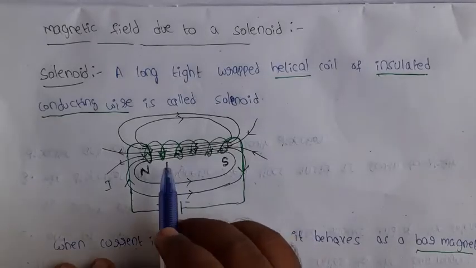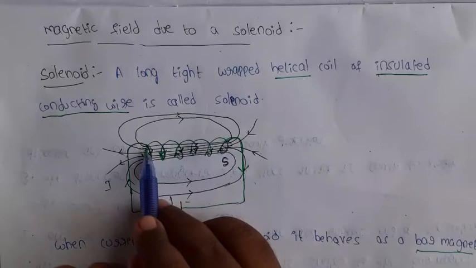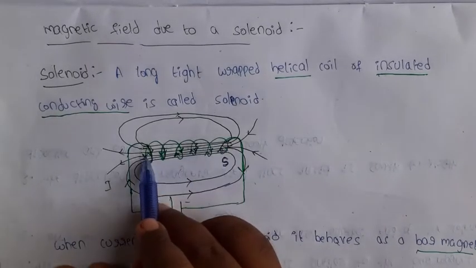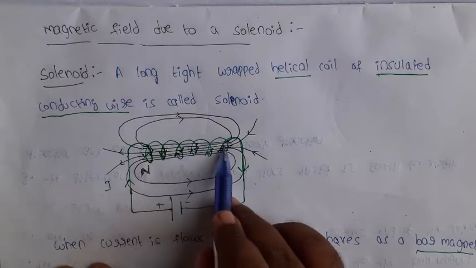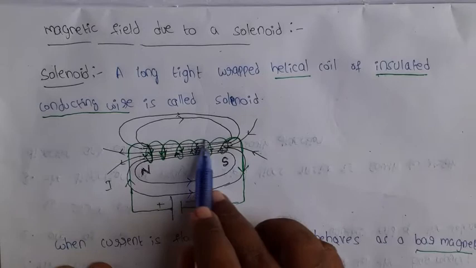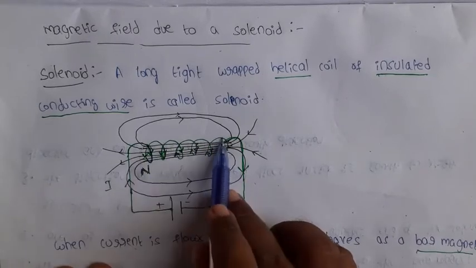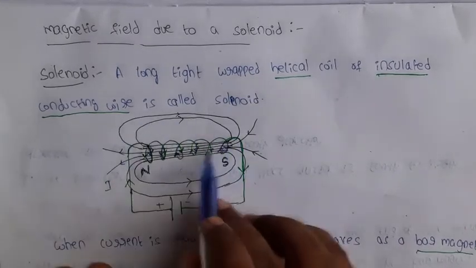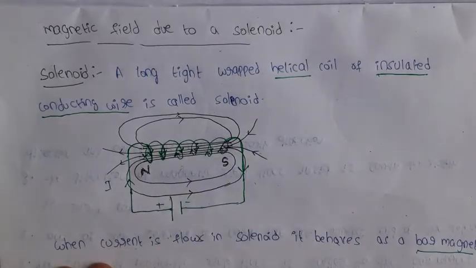Observe the diagram carefully. Inside the solenoid, the magnetic field lines are equal. Equal means uniform. Inside the solenoid the magnetic field is uniform. What about the outside? Outside is non-uniform.